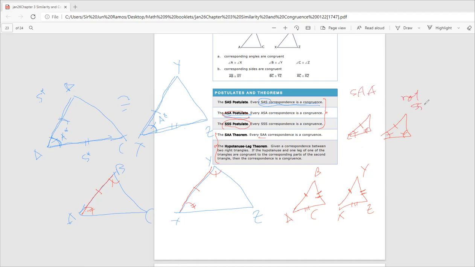Not SSA. Not side-side angle. And the last one will be the hypotenuse leg theorem, which applies only when we have two triangles which are right triangles. Again, we can prove two triangles congruent using these three postulates and these two theorems. Okay, we will apply these postulates and theorems in the next video.